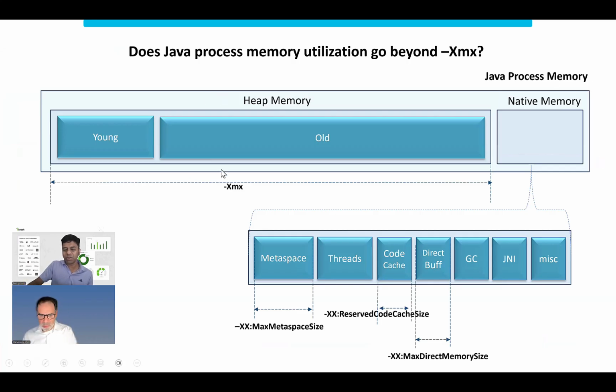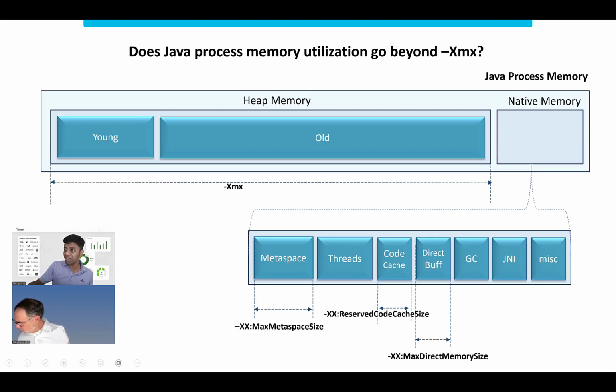It has two regions, heap memory and native memory. Within this native memory is where the threads are stored. Historically, when you use platform threads and do a new thread creation, they are stored in this threads region, which is part of the native memory.